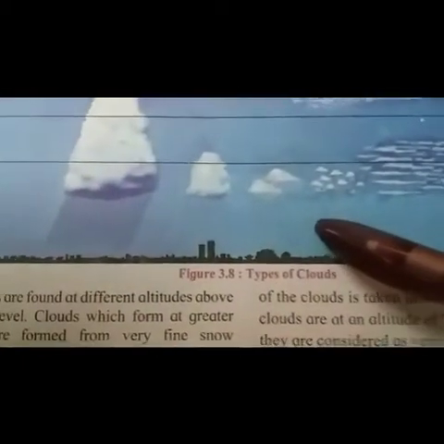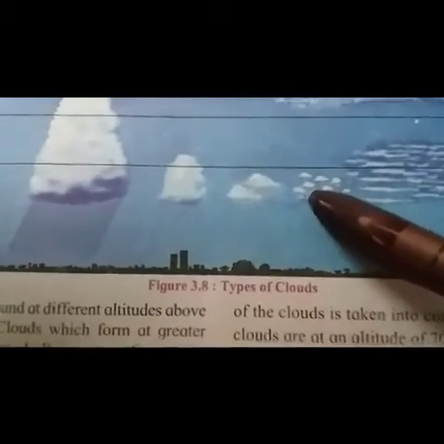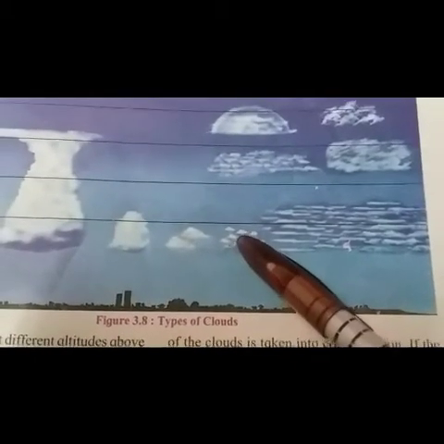Low clouds. These consist of 5 types of clouds: stratocumulus, stratus, nimbostratus. The extent of cumulus and cumulonimbus could be variable. Stratocumulus have layers.